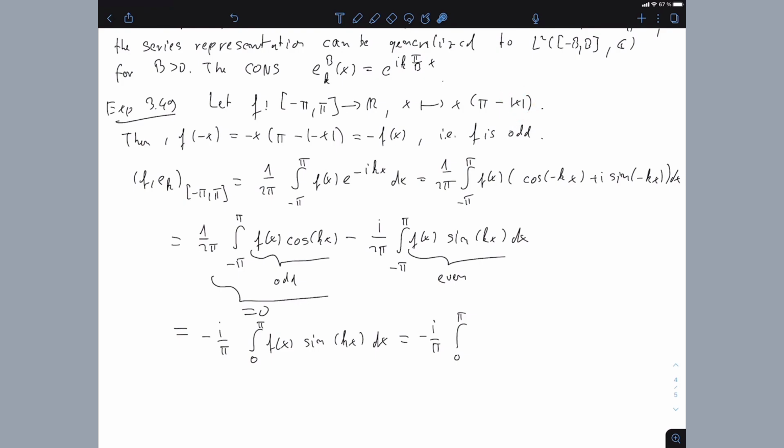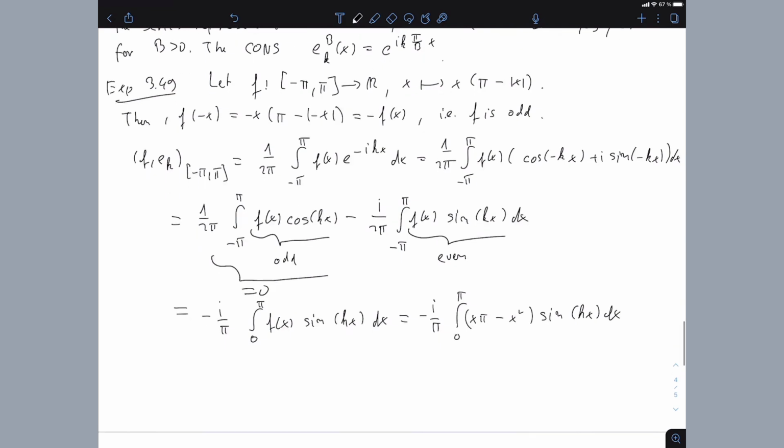Since we are on the interval 0 to pi, we know that the absolute value of x is the same as x. So we just have x times pi minus x squared, sine kx dx. Yeah, this we now have to compute.